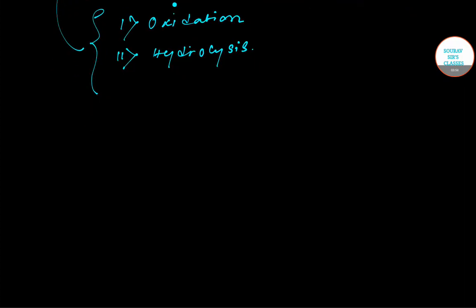Before going to that part, there are some parameters. Lower temperature at the earth's surface is one key point. Another is lower pressure, the second.